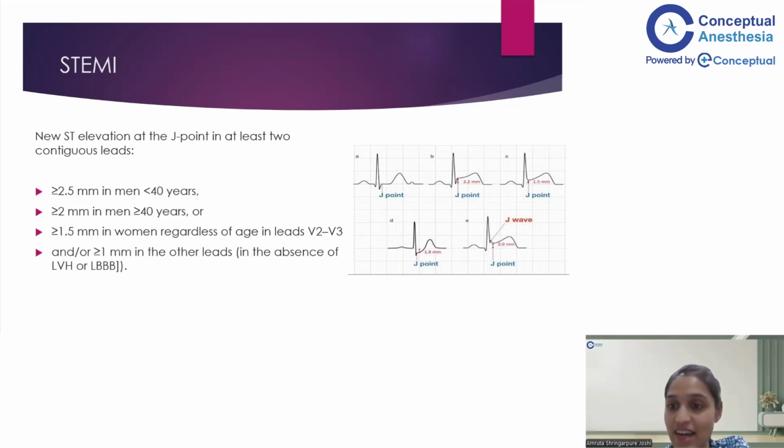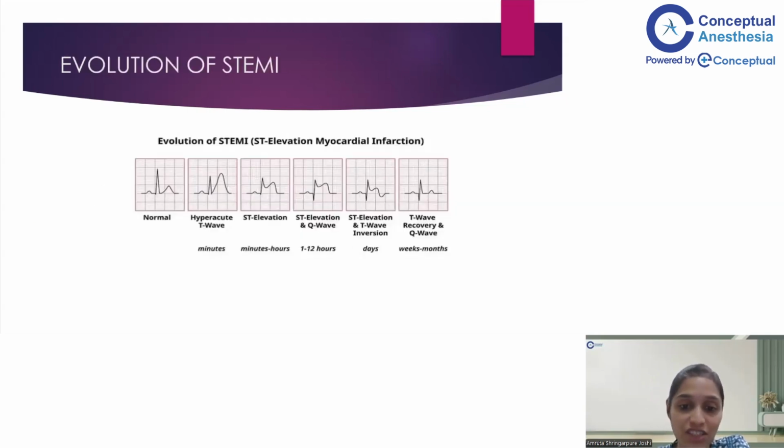Generally, if all of this is difficult to remember, just one basic thing: more than 2 mm ST elevation is considered significant. ST elevation is always due to transmural infarction, so all layers of the heart are involved. Whenever there is an ST elevation, it is always suspicious.